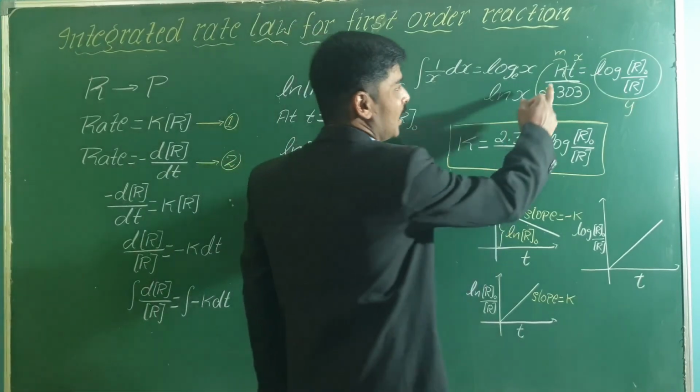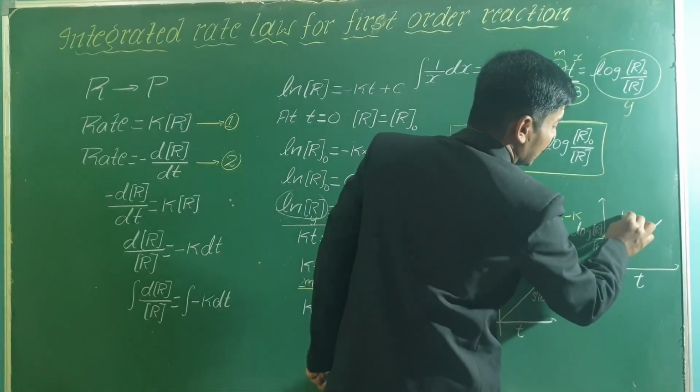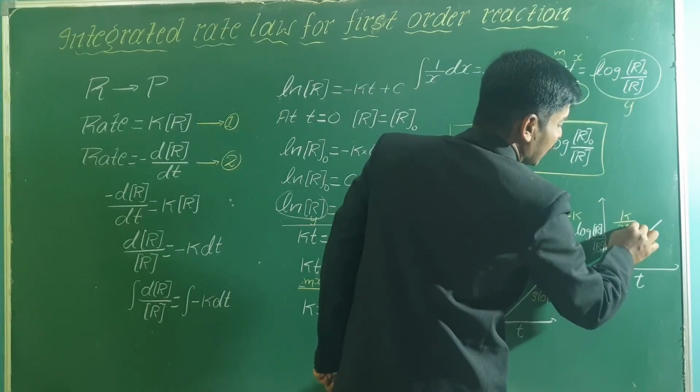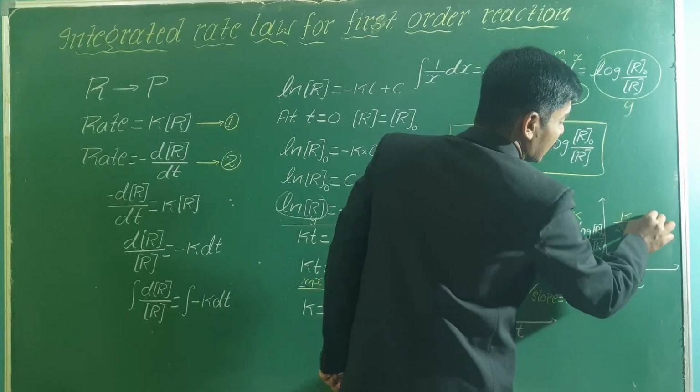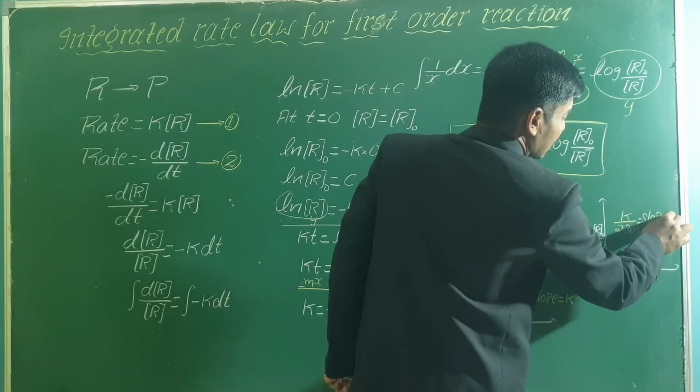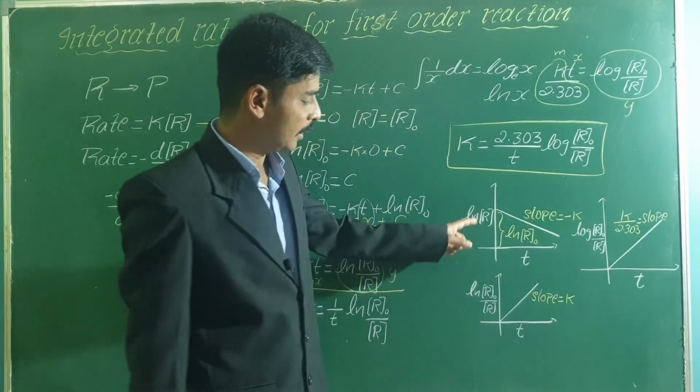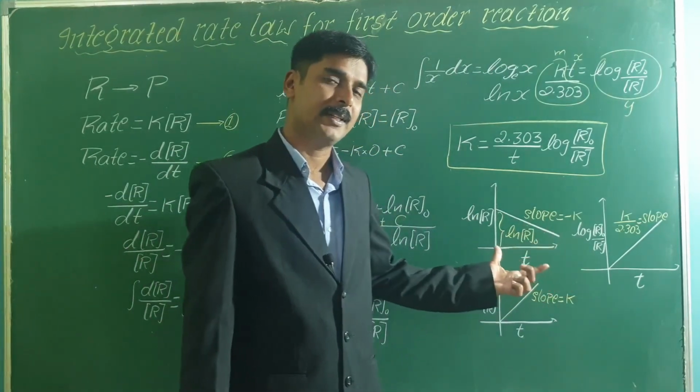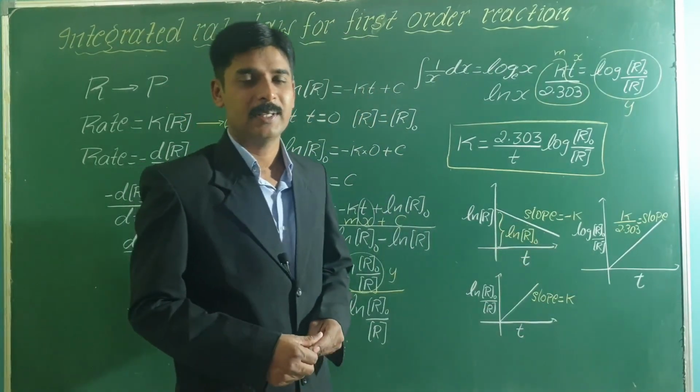And what is the slope? Slope is k by 2.303. So these are the three important graphs related to first order reactions.